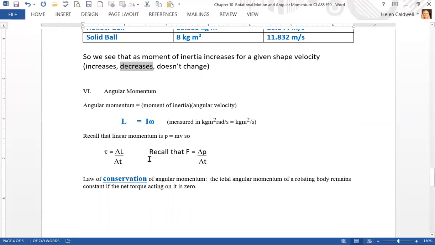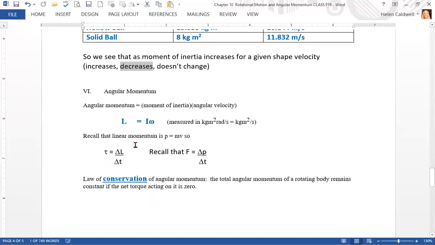And in fact, if we remembered that when we first introduced Newton's second law, F equals ma, we said you could write it in terms of momentum, F equals delta P over delta T. So instead of F, we do tau for torque, because torque is the angular equivalent of force. Instead of delta P for linear momentum, we'd use delta L for angular momentum, and delta T is delta T. This is an example of taking a linear equation, F equals delta P over delta T, and turning it into an angular equation.